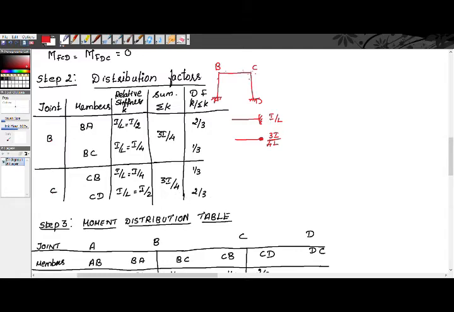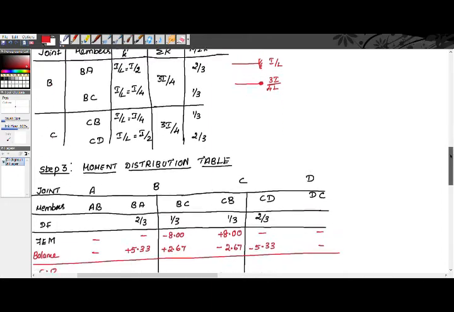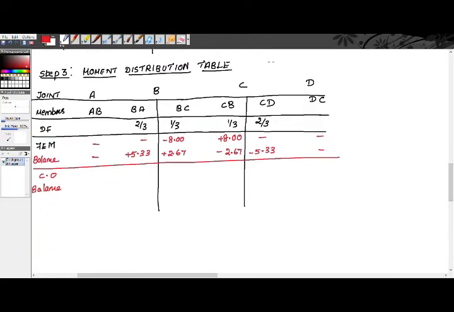Now we will move on to the next step, that is moment distribution table. While taking the moment distribution table, we have 4 joints A, B, C, D. At A the member is AB. At B we have 2 members BA and BC. At C we have 2 members CB and CD.